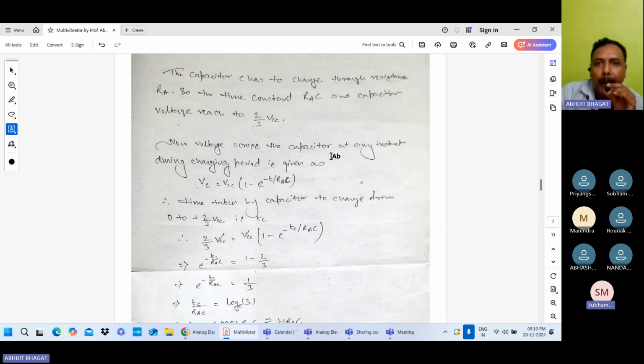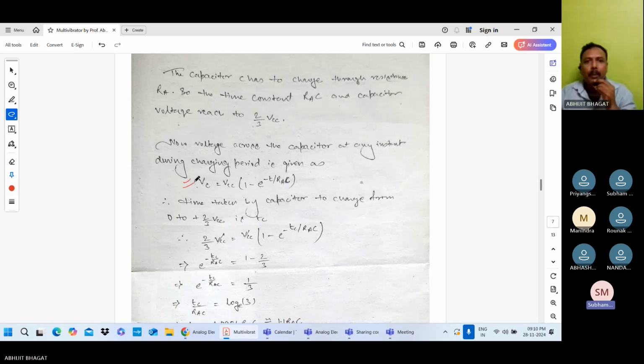Now the voltage across the capacitor at any instant during the charging period is given as VC equal to... So when the capacitor is charging, how the capacitor is charging, you will find by using this equation.